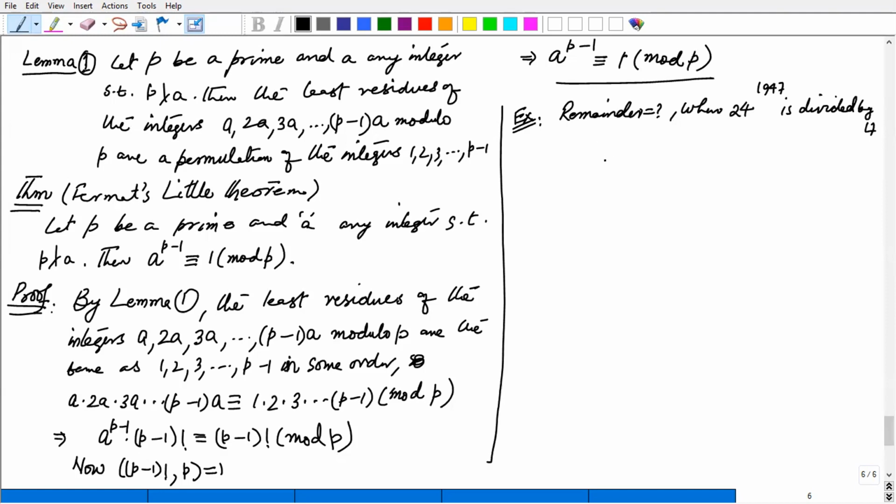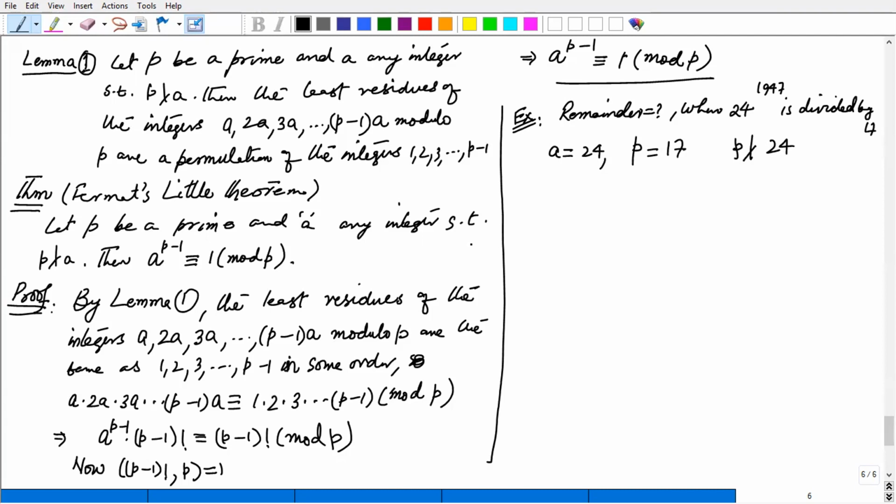So now, if we use Fermat's little theorem here, A is 24 and p is 17 and p does not divide 24. So it means we can apply Fermat's little theorem.